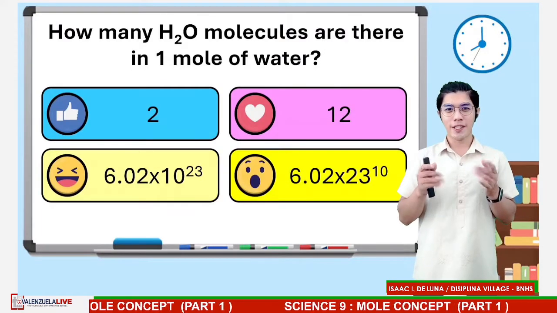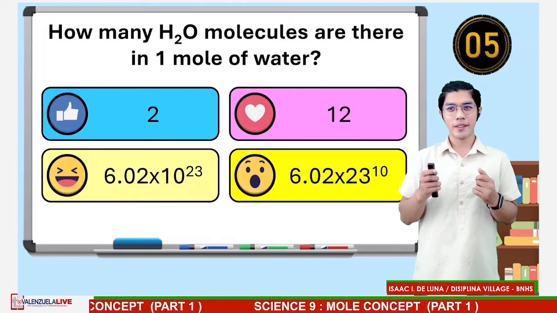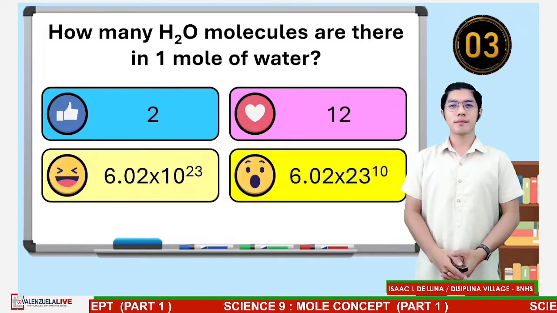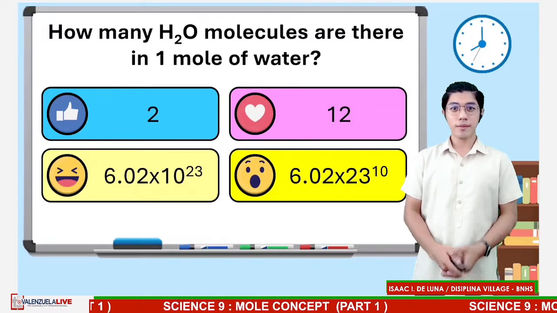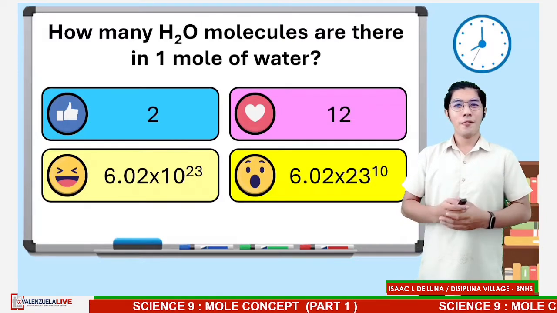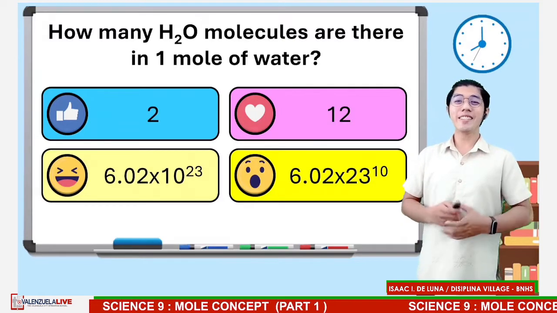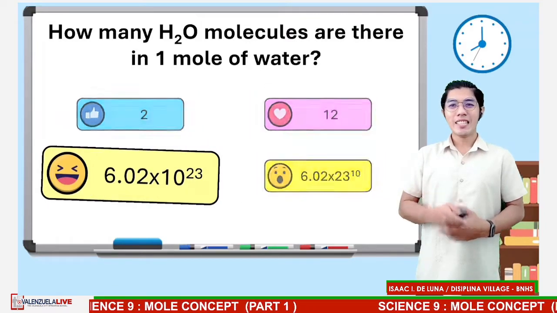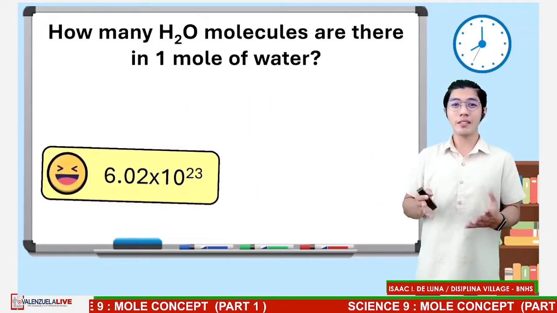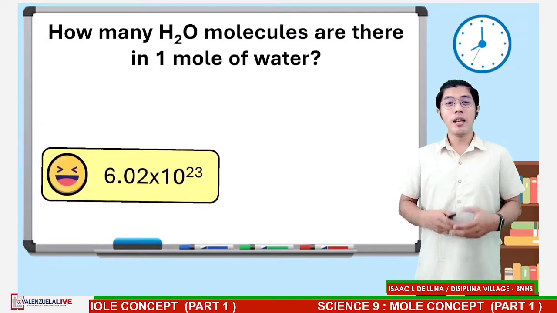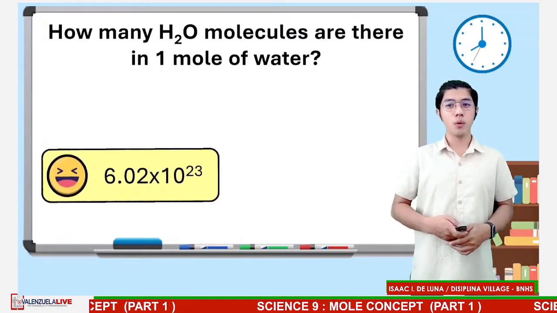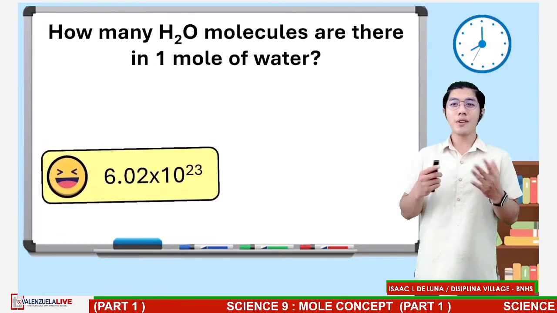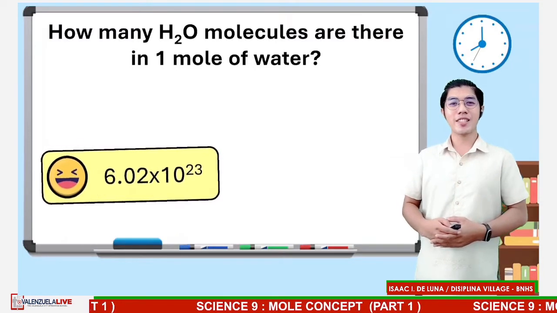Timer starts now. Time's up. Very good. Your answer is correct. There are 6.02 times 10 raised to the 23rd power H2O molecules in 1 mole of H2O. Let's now go to the next question.